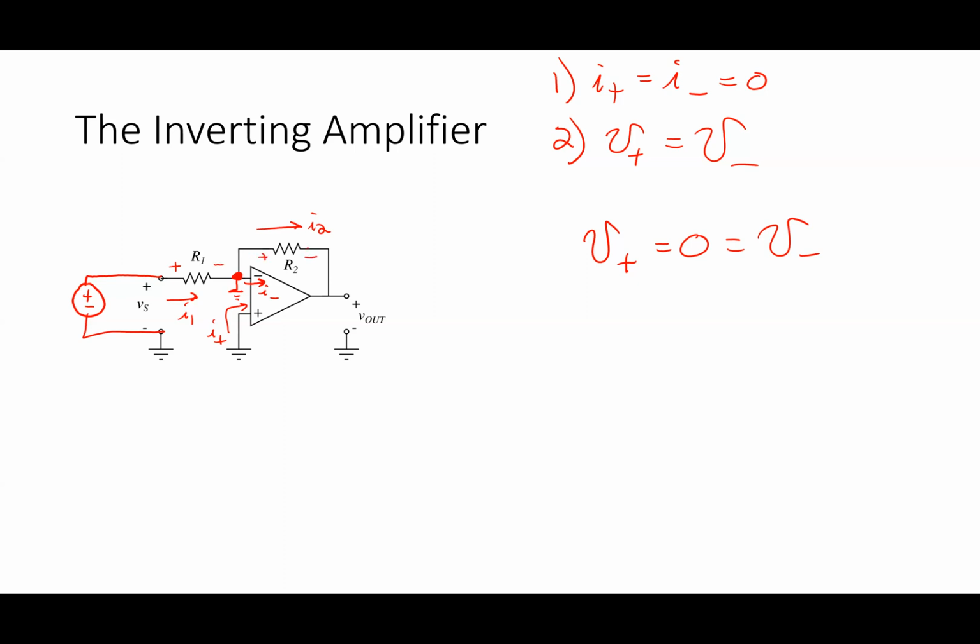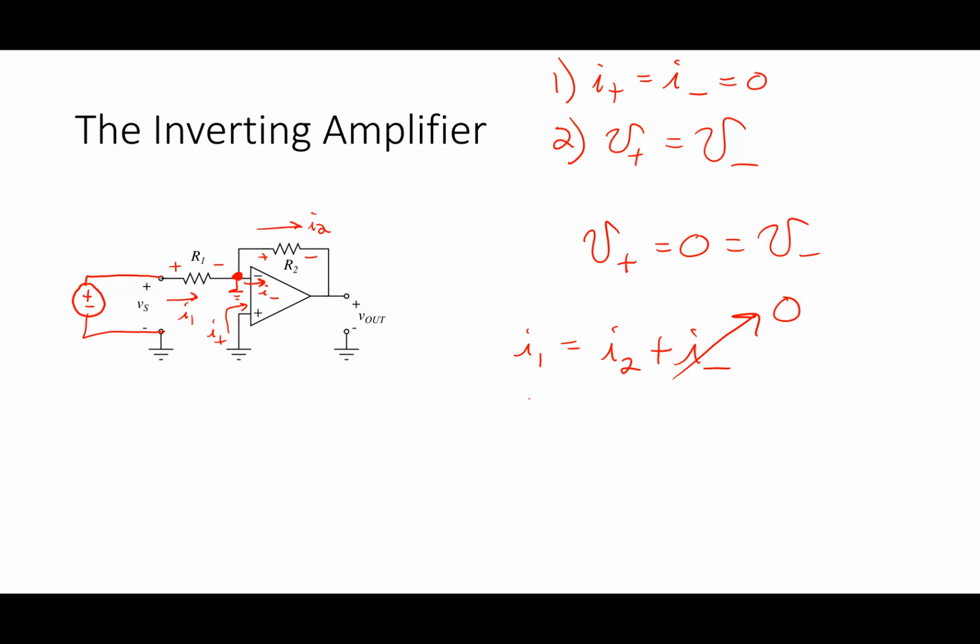The way I do nodal analysis, which is slow, is to write it in terms of the currents. I1 goes in. Any other currents going into that node? No. So I1 equals I2 plus I minus. Now we know I minus is 0, so I'm left with I1 equals I2.